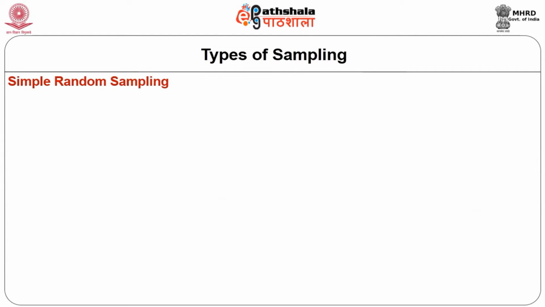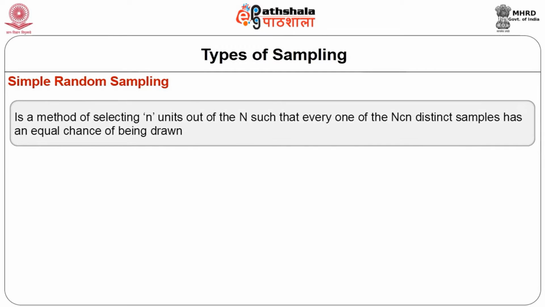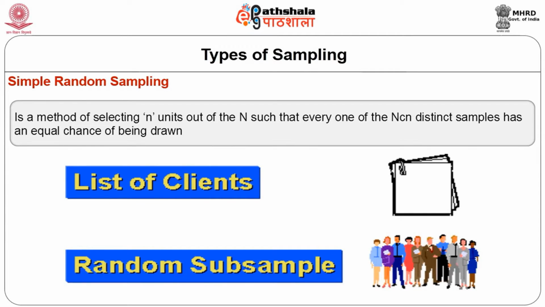Starting with simple random sampling, it is a method of selecting sample units from the population where everyone has an equal chance of being included in the sample. We have been doing this since childhood. Suppose we want to pick one person, we put all the names in a box and pick one name. That is nothing but simple random sampling.